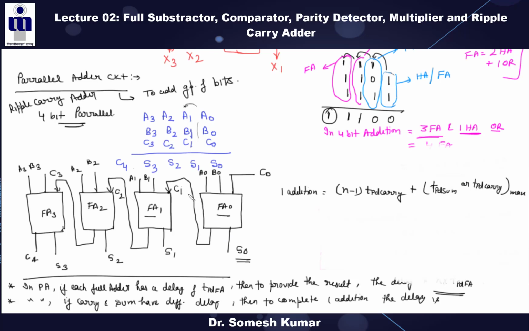TPD carry is the delay to find this carry, and TPD sum is the delay to find this sum. So the total delay is (n minus 1) TPD carry plus TPD sum or TPD carry, whichever is the maximum. Whichever term is maximum, that is added in this.